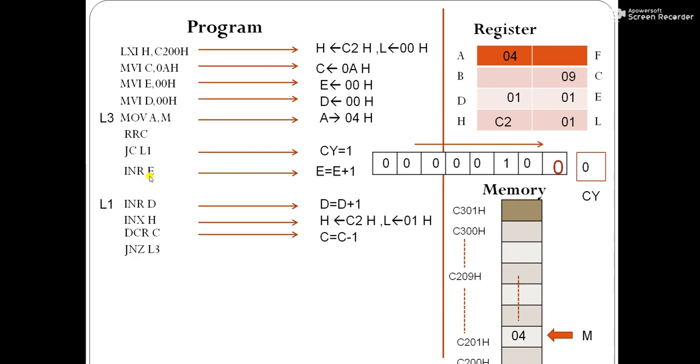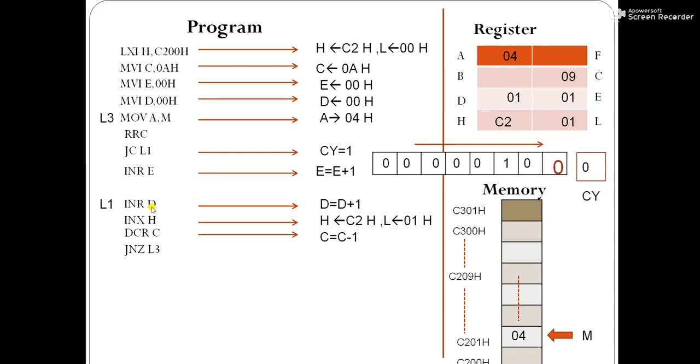But after this instruction, the processor goes sequentially, right? So after INR E, the processor will execute the INR D instruction. But do we want this instruction now? No. Once the even count is incremented, we have to go to the next memory location, that INX H instruction should be executed, not INR D. So how do we get from here to the INX H instruction?